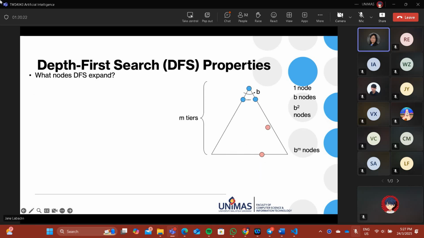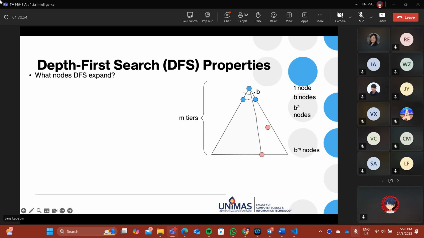So we have established that for depth first search, you are moving downwards this way, and then it will reach the deepest solution.